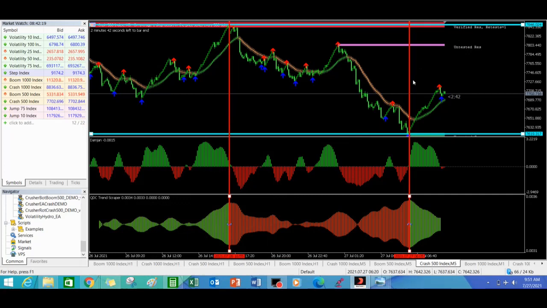So guys, I'll be stopping right here. This is what I want you guys to do. It is very easy, most especially if you are having this setup on your chart. Go back to your demo account, forget about everything that you have known before, have this setup on your demo account, and try to practice what I have highlighted in today's training throughout today.